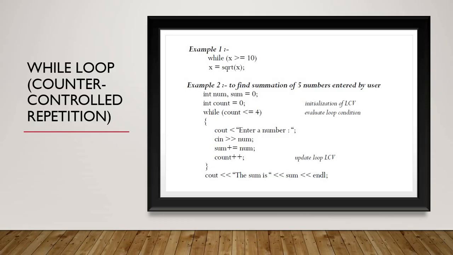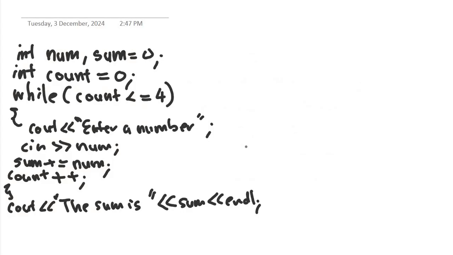Now let's do some tracing. For this question, we have num, sum, count, count less than or equal to 4, and then output. How many columns should I create? 1, 2, 3, 4, 5, I think 6, 7.